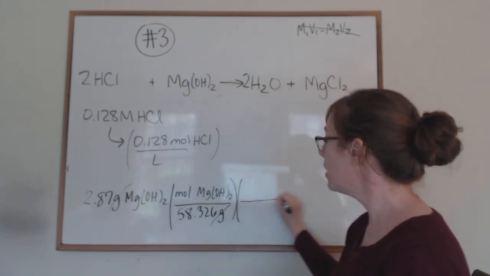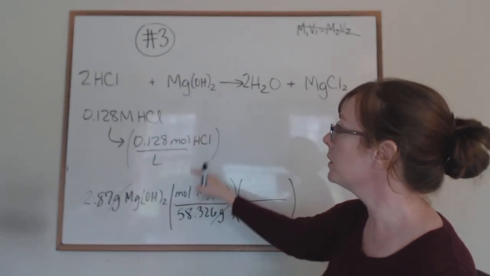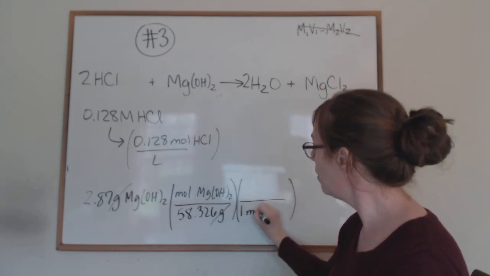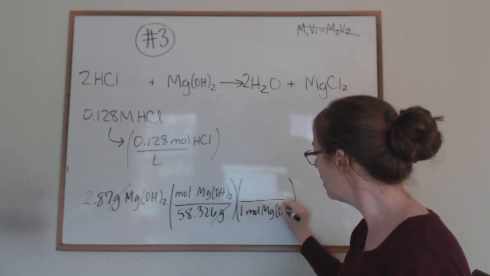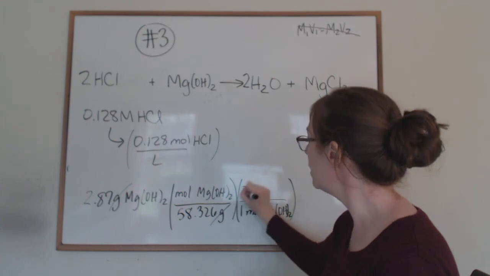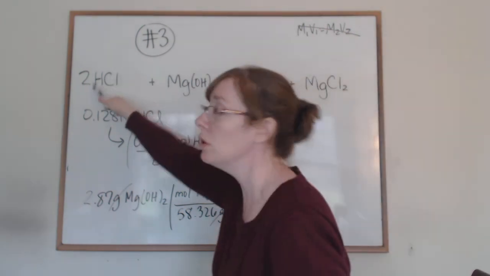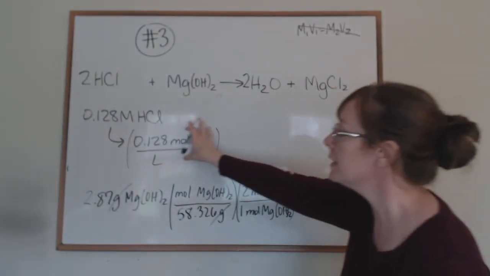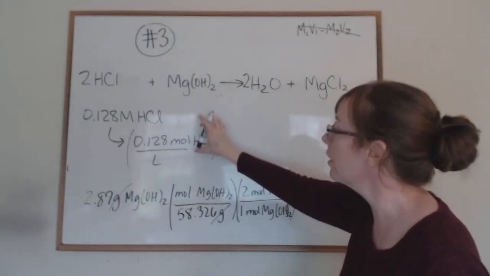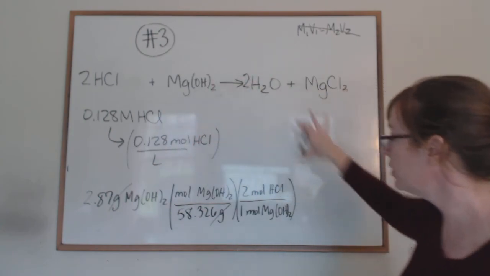And now I'm ready for my mole-to-mole conversion because now I'm in moles. So for every 1 mole of magnesium hydroxide, I will need, or I will neutralize or react, 2 moles of HCl. And then hopefully you can see the mindset here. This is going to be my last conversion factor.